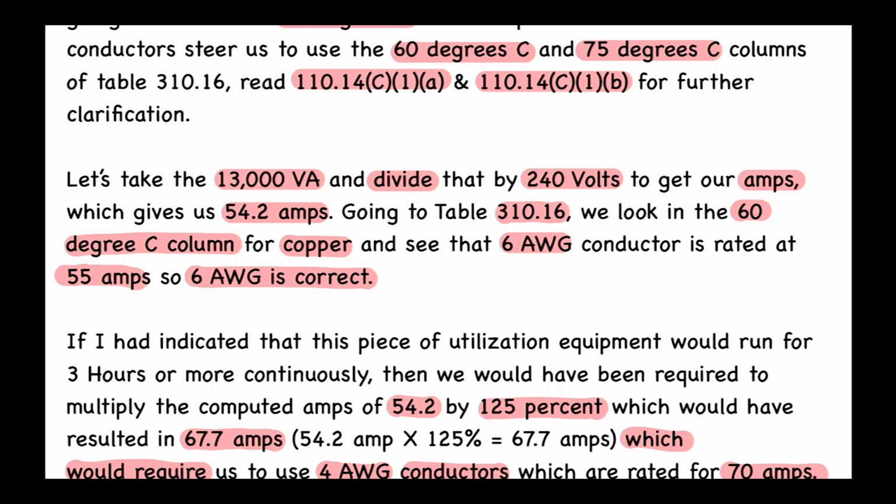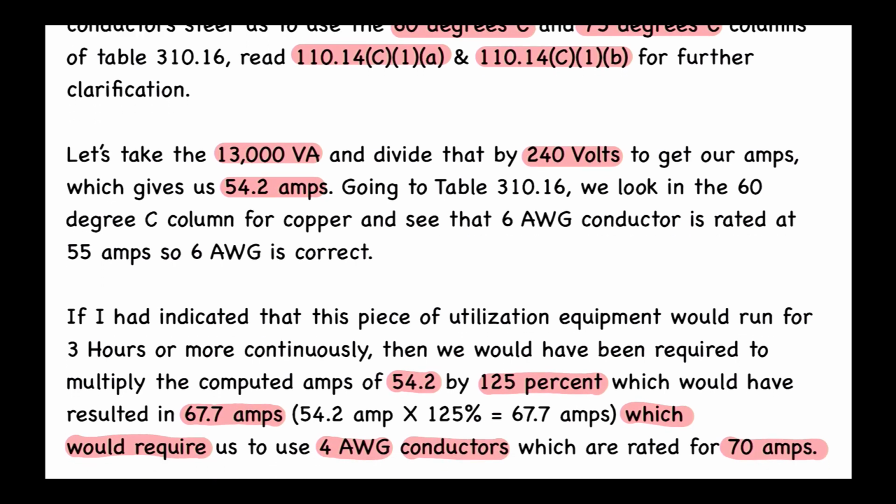Let me go over it one more time in case I went too fast. We were told we have 13,000 VA and 240 volts, and that gave us 54.2 amps.